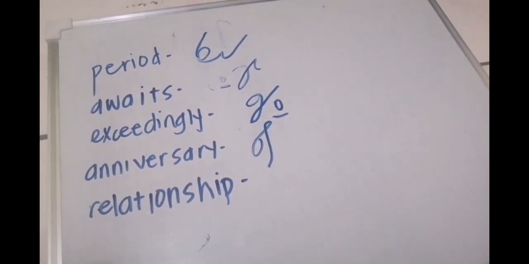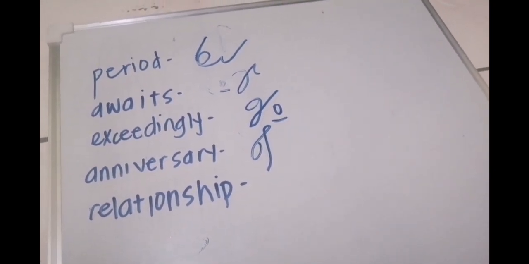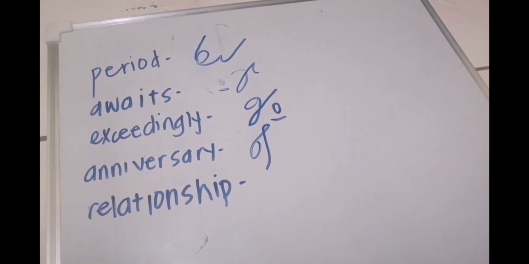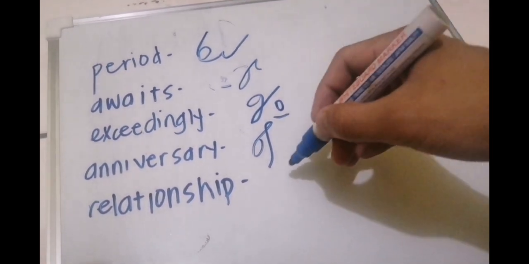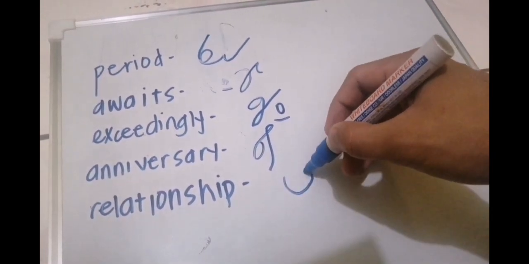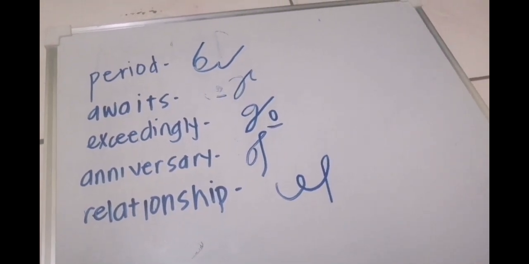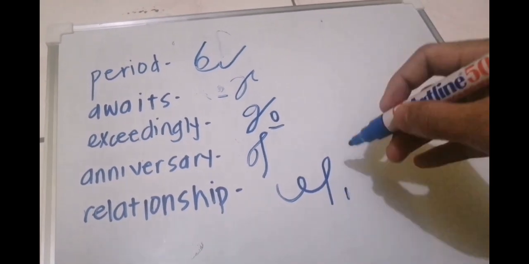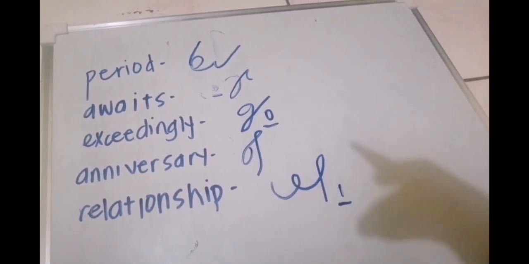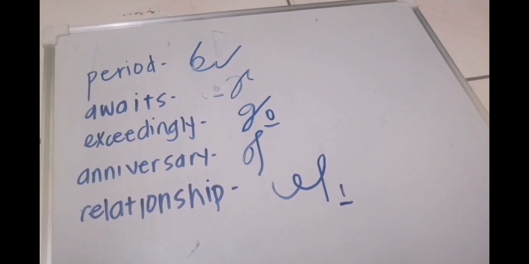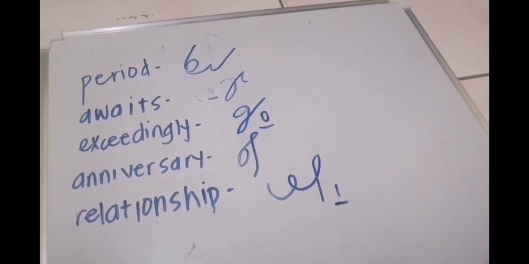That is how you write the word anniversary. For our last word, we have relationship. You must not forget the line here because that line represents the word ship.